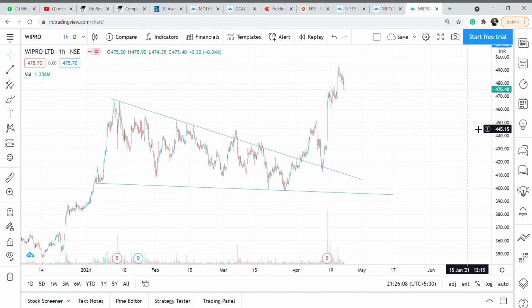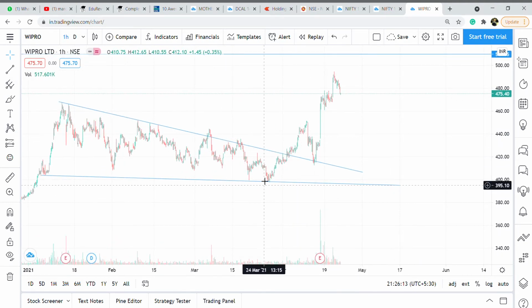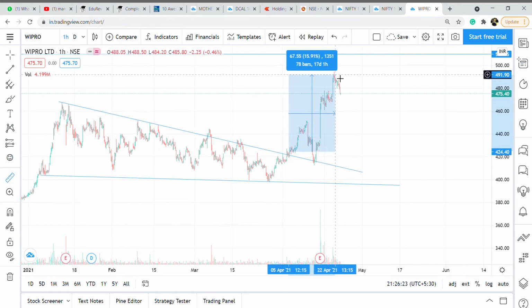And in the historical chart we have seen that after the breakout usually that particular stock has given a huge return for the next 1 month. You can see over here after this huge convergence the stock has given returns of 16% in just 17 days. That is 1% one day, where the bank or FD gives 6% per annum.